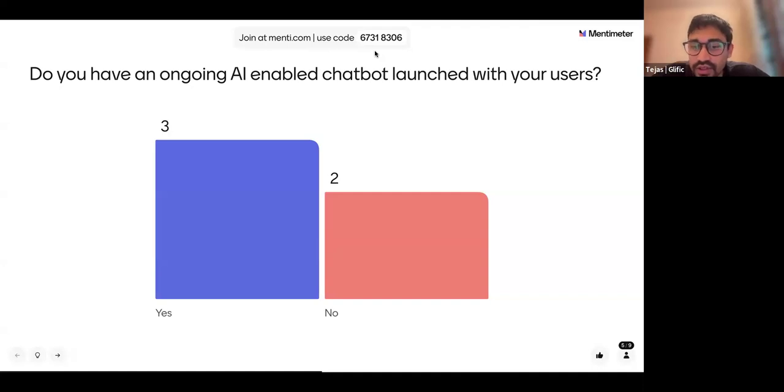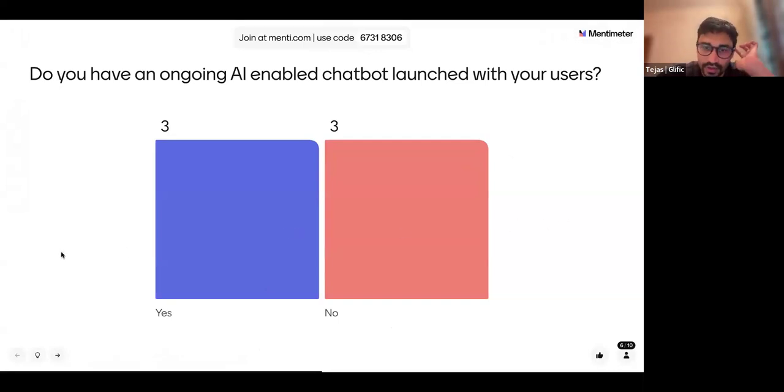If you have tried this out, just for the benefit of other folks who are present here. Okay. So equal numbers of folks who have not yet tried, which is okay. It's good information to be aware of before you start.